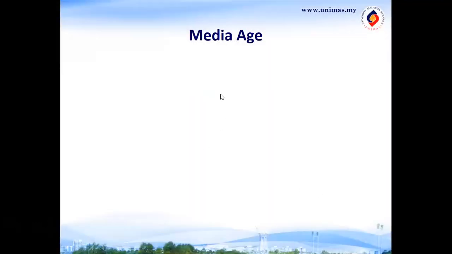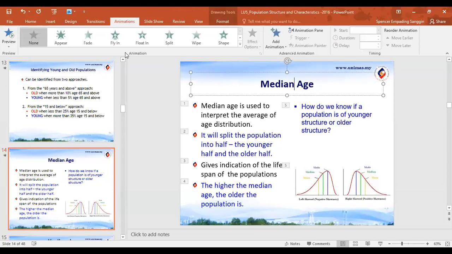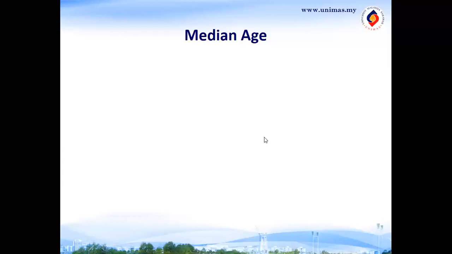So I mentioned about the fact that median age is also an important characteristic. Kerana median age ini, sorry, let me correct that one. It's not media, median sebenarnya. Okay. All right. So let's go back. Median age.